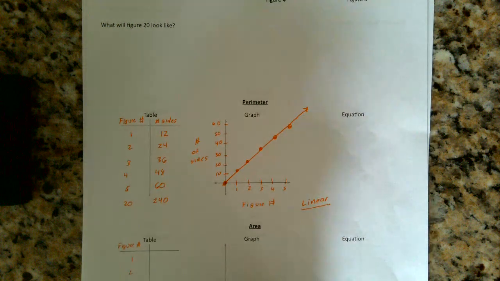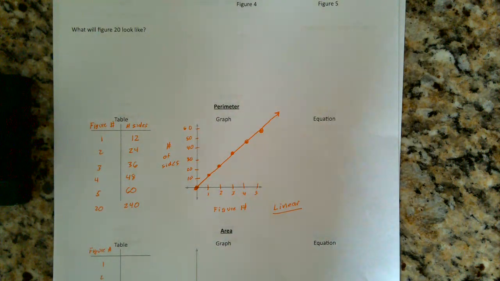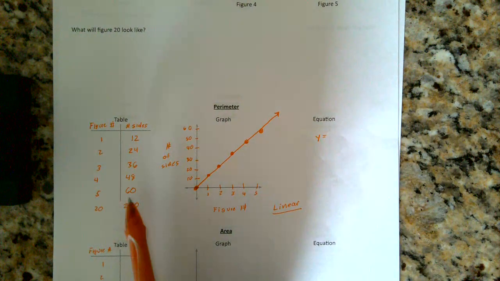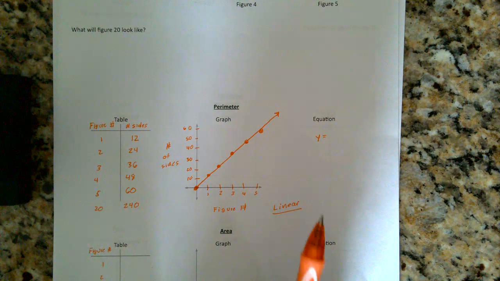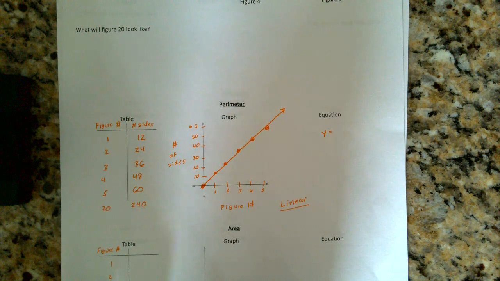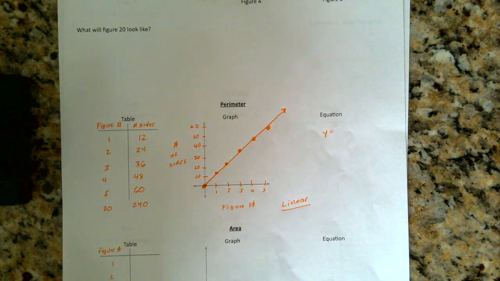With that linear pattern, we're going to use x and y. So y is going to represent the number of sides, and x is going to be the number of figures that go by. We're starting off that pattern at 12.